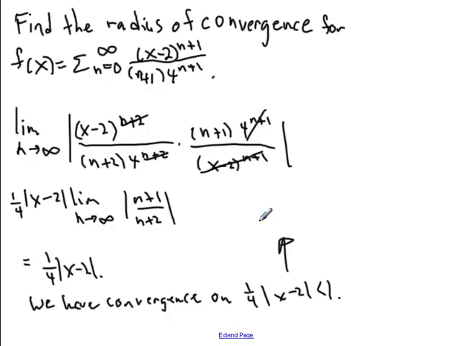Equivalently, absolute value x minus 2 is less than 4. We were asked to find the radius of convergence for this power series, and so 4 is the radius of convergence. Radius of convergence is 4.